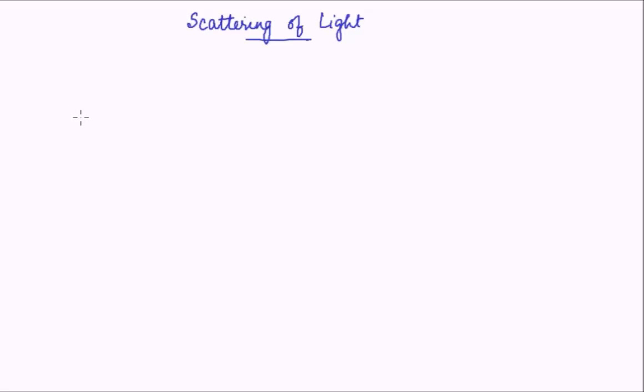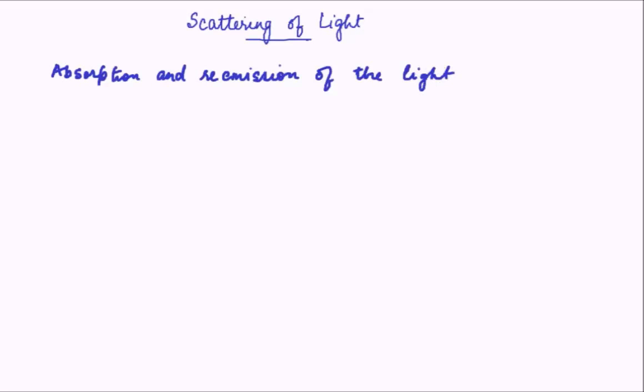Now, formally, the scattering can be defined as the process of absorption and re-emission of the wavelength. Absorption and re-emission of the light.